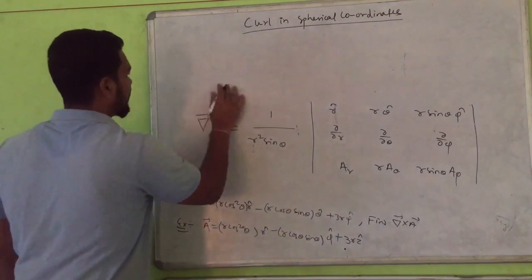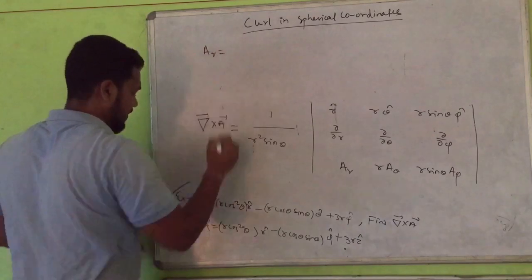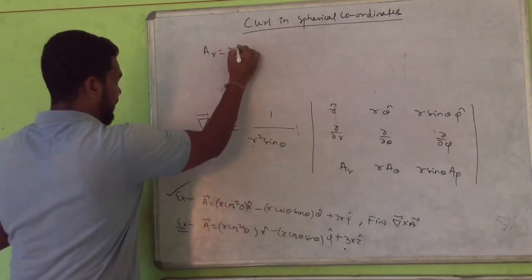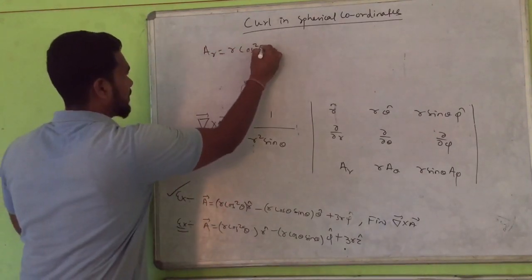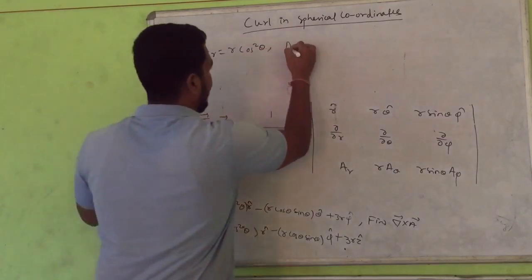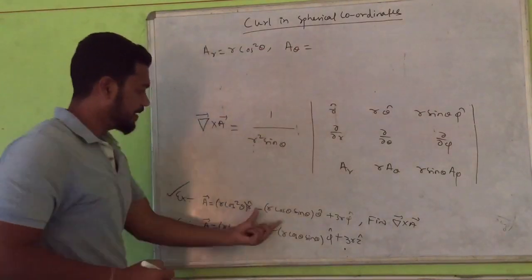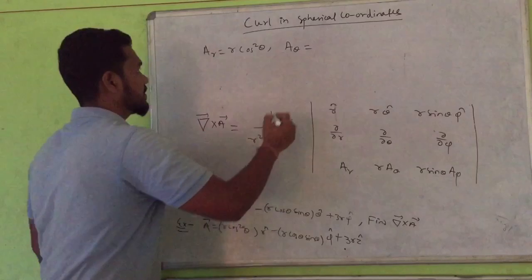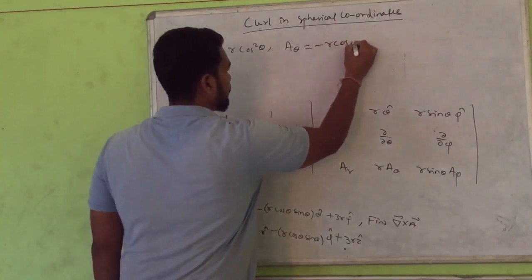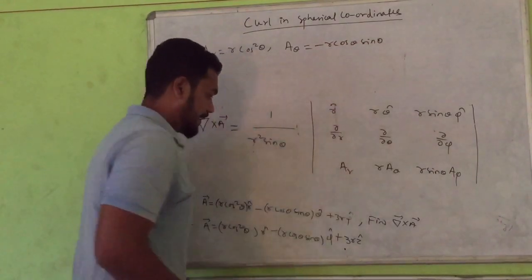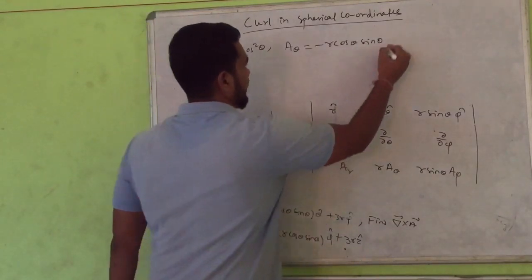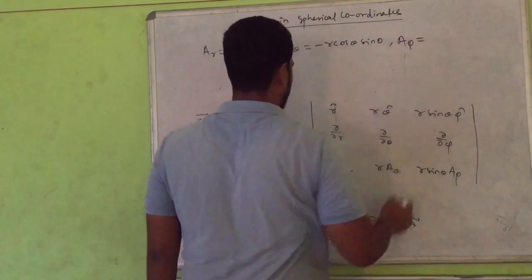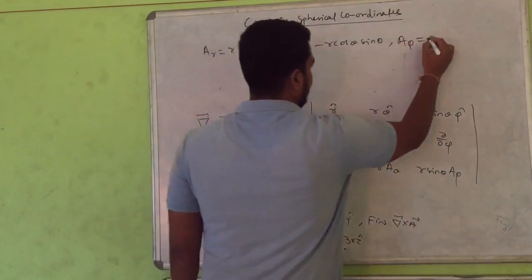That is, A_r given is r cos square theta, and A_theta given is minus r cos theta sin theta, and your A_phi given is 3r.